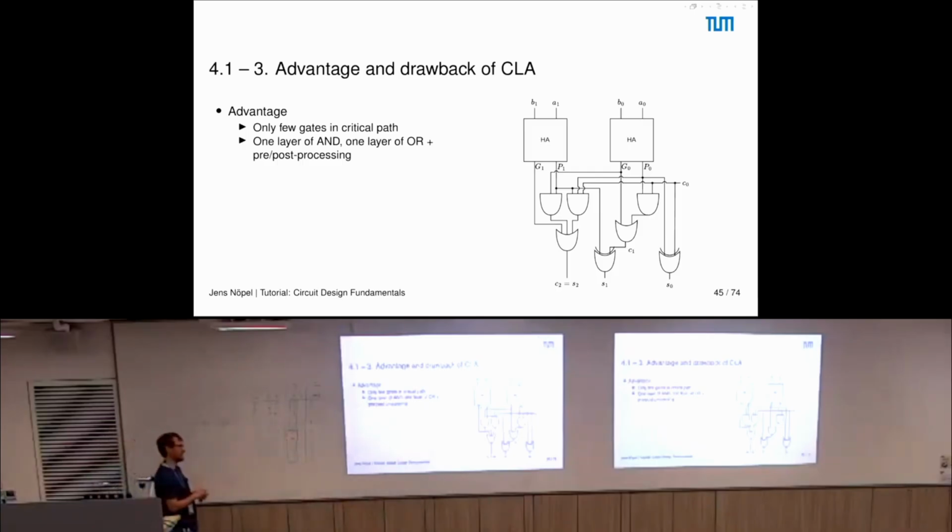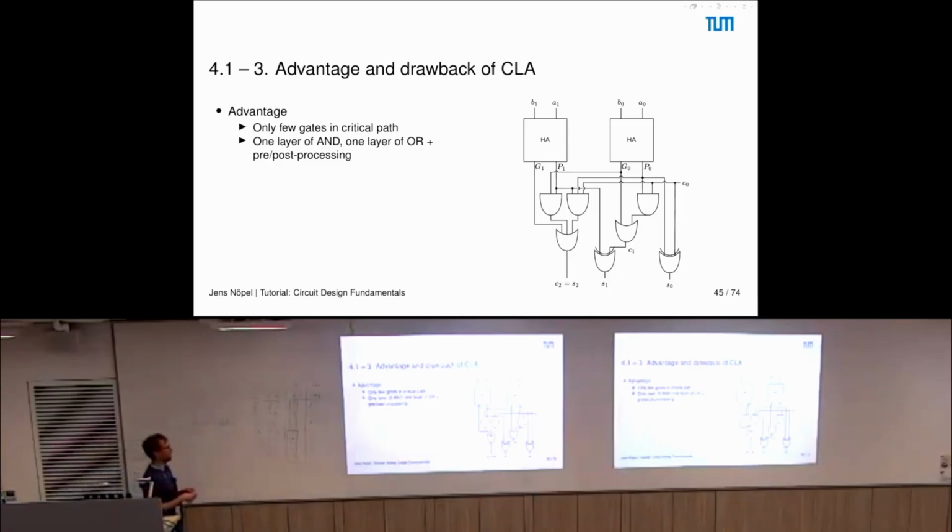So obviously the ripple carry adder has a very long path, right? Because the signal here needs to traverse through all of the other signals, and this is not the case here anymore. And this is why a CLA only has a few gates in the critical path.